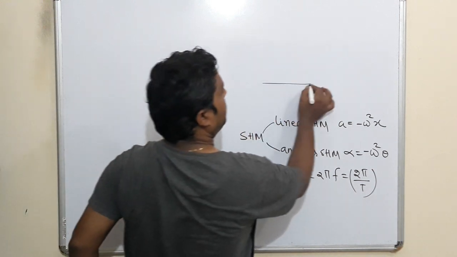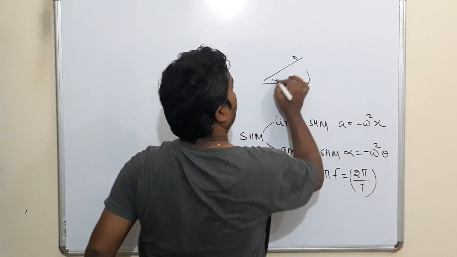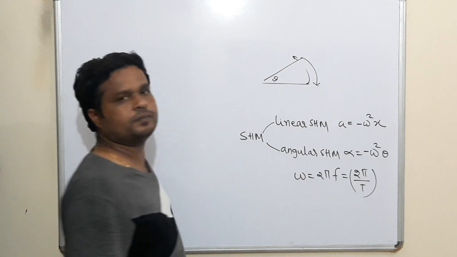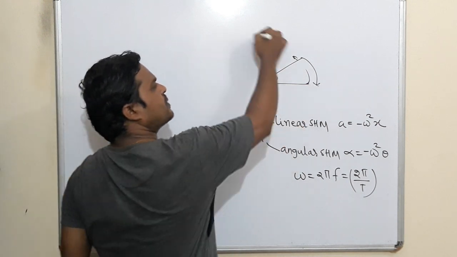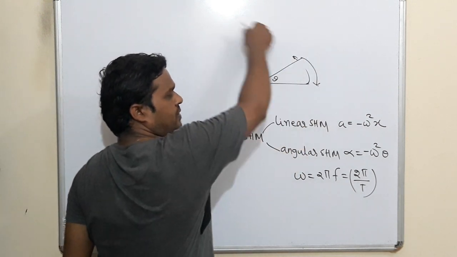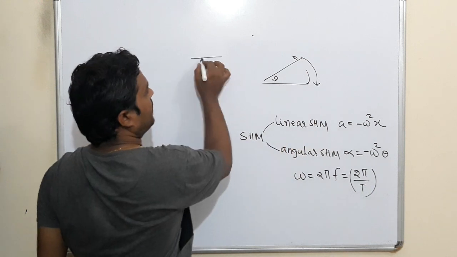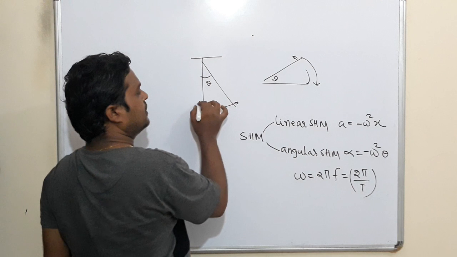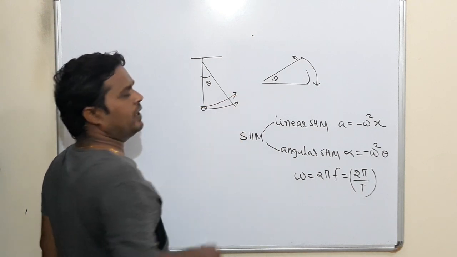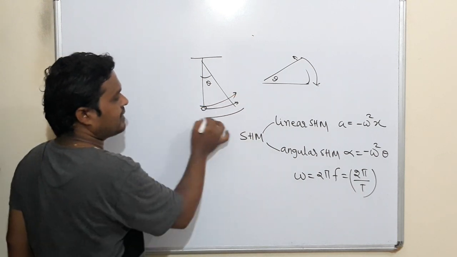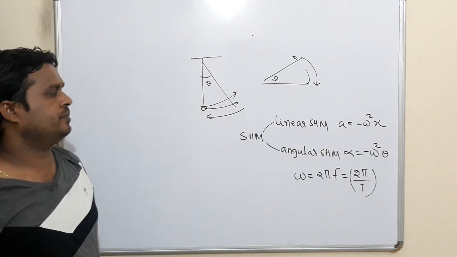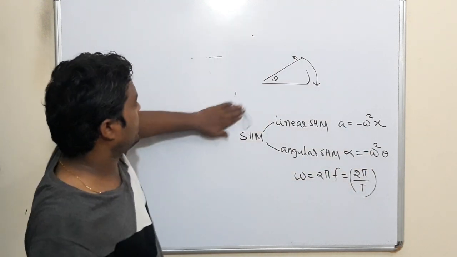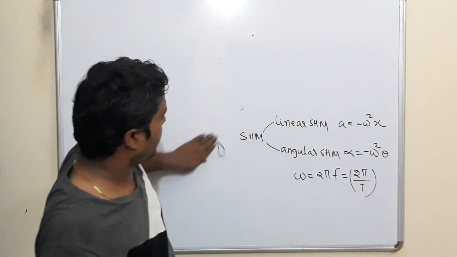If I rotate the dipole through a small angle theta, its acceleration will be in this direction. This is the linear displacement I produced, and it oscillates back like a simple pendulum. If I rotate it through an angle theta, theta will be in one direction and its acceleration will be in the opposite direction, proportional to it.